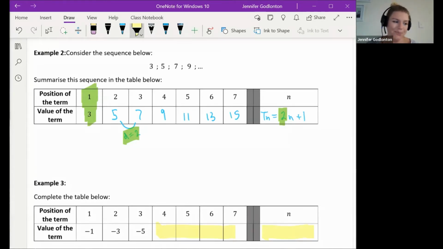And then we have our puzzle. Does anyone need more time?